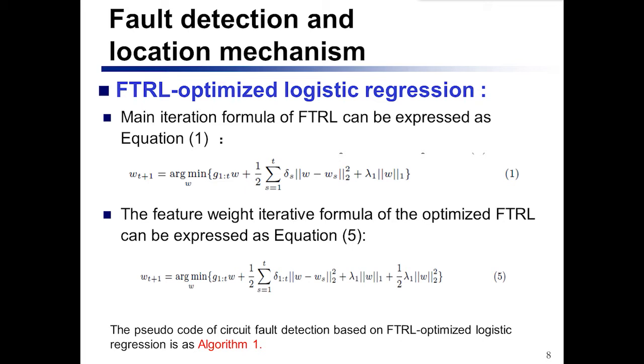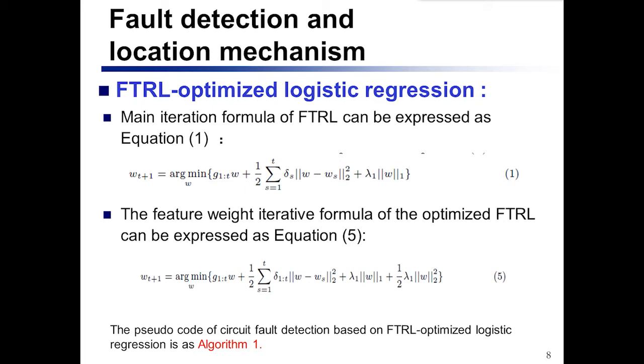To improve the sparsity and accuracy of parameters, an L2 regular term is added to the regular term of FTRL in this paper, and the method of mixed regular item is adopted to make the solution result of the fault module smoother, and the accuracy of module prediction is also increased.